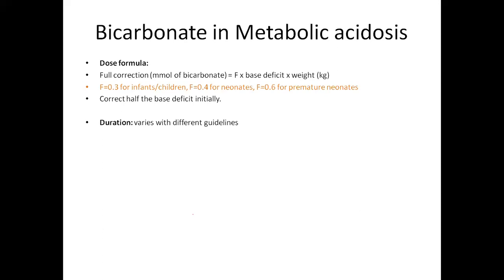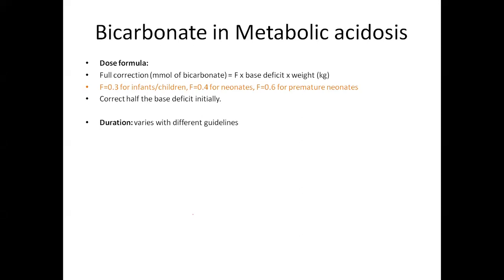What I routinely followed in my PG time is you give over 8 hours, and the rest half over 24 hours. I think many other units are still following that protocol. But I had a practical difficulty with that, because you calculated the base deficit at that moment. In inborn errors of metabolism, the child keeps producing the metabolic waste, and the bicarb keeps decreasing.